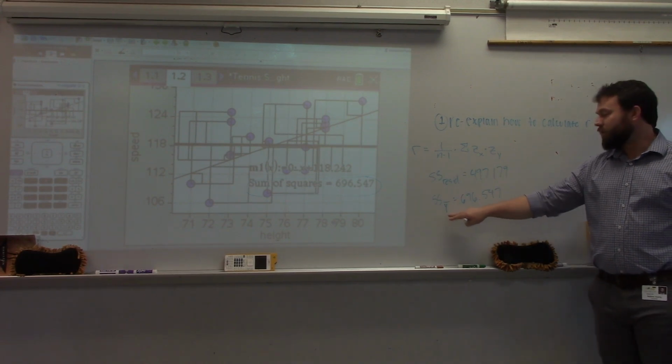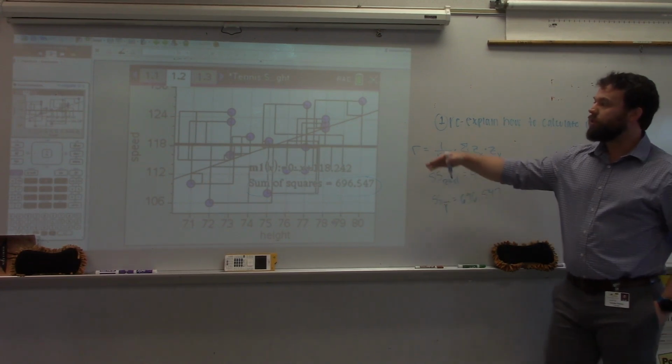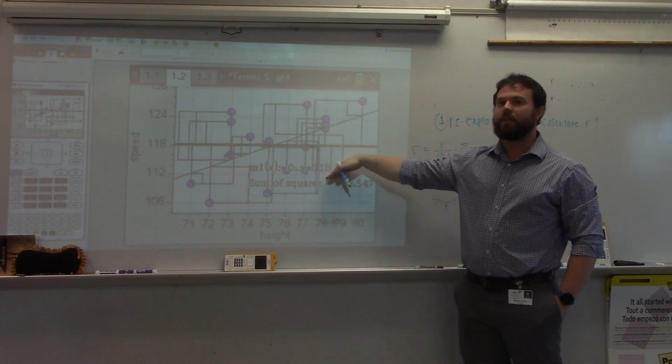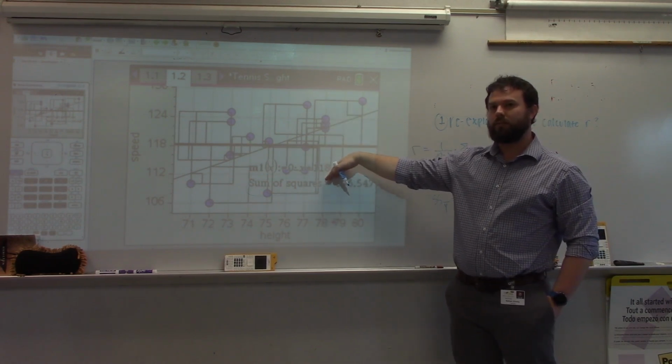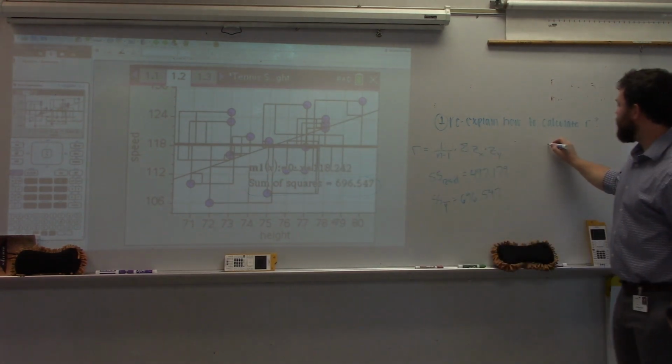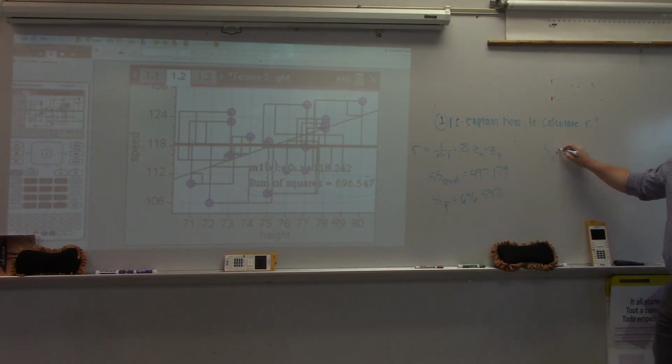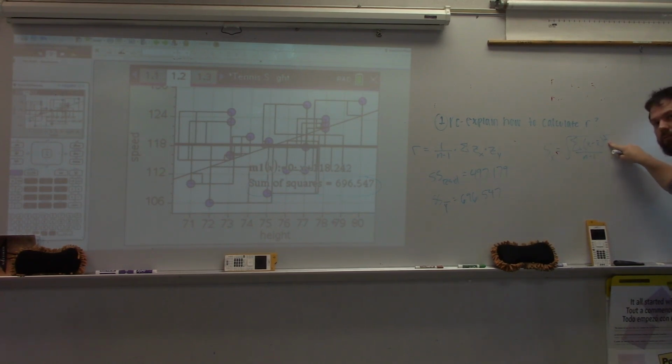First off, the sum of squares, this should remind us of the standard deviation formula, right? Because when we talk about our standard deviation formula, S of x is equal to the square root of the sum of x minus x bar squared divided by n minus 1. So that's my sum of squares right here. Make sense?